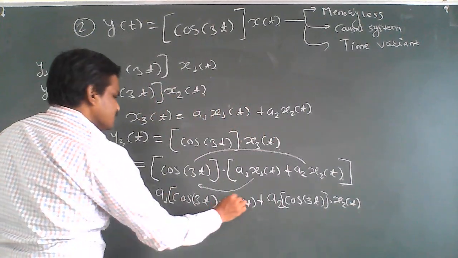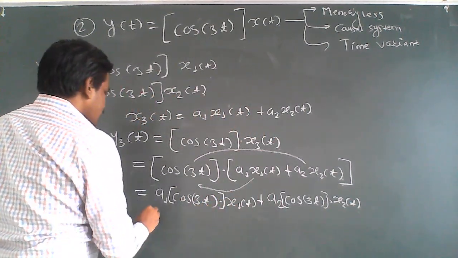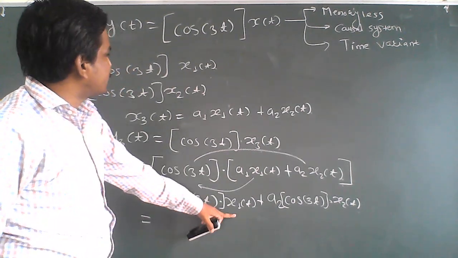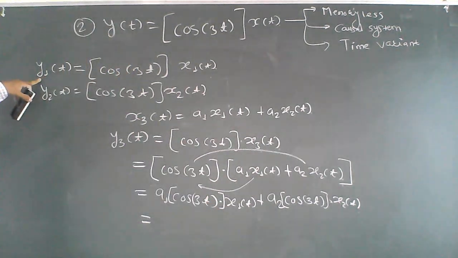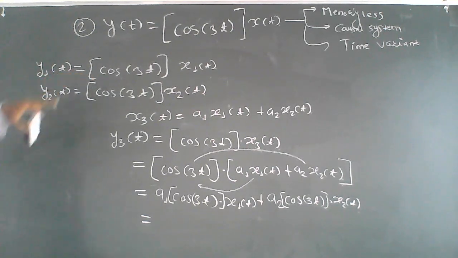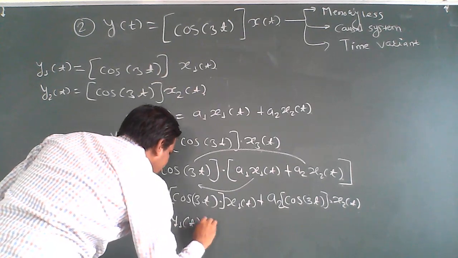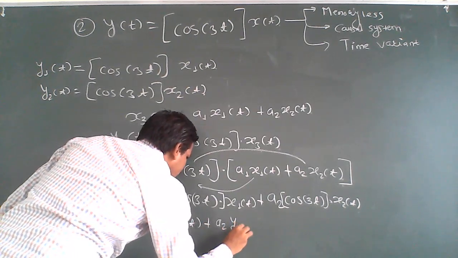Now what is this? This cos of 3t into x1 of t is your y1 of t. So that is equal to a1 y1 of t plus a2 y2 of t.